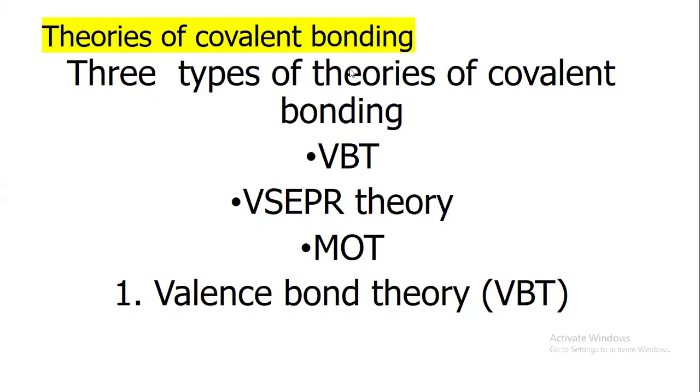Okay, theories of covalent bonding. There are three types of theories of covalent bonding: valence bond theory, valence shell electron pair repulsion theory, and molecular orbital theory.